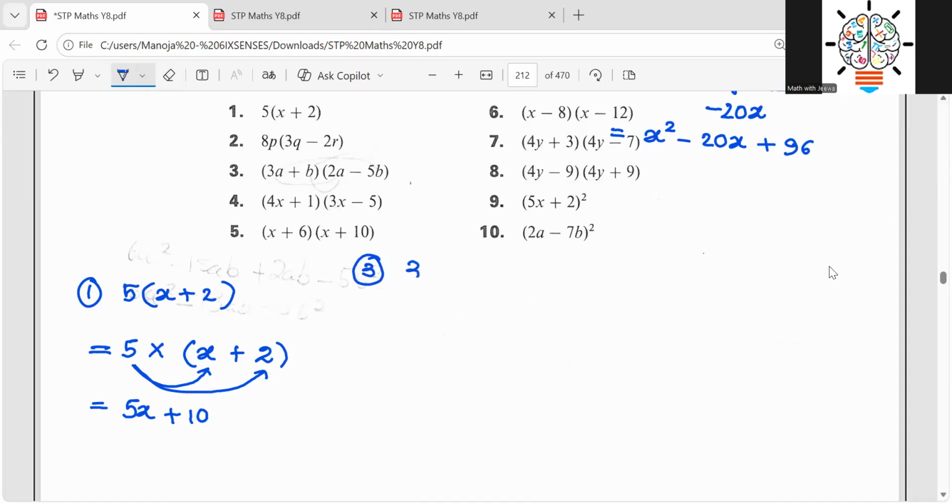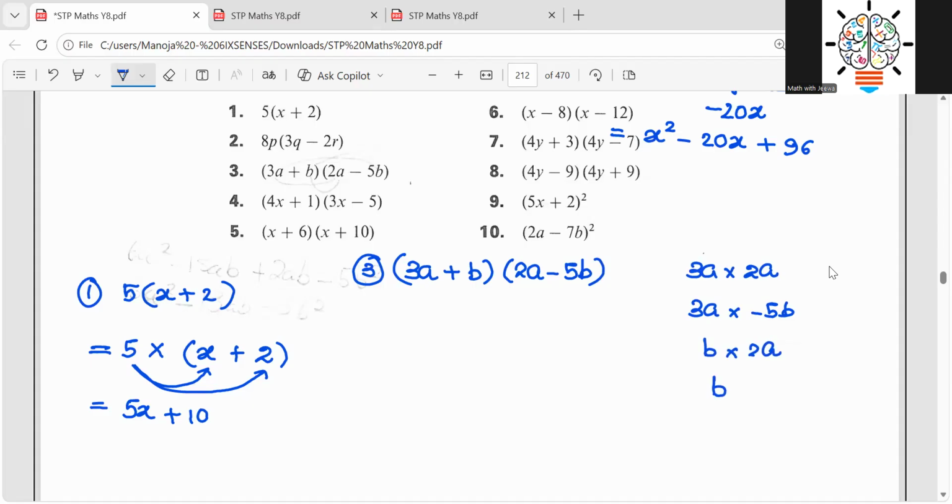So then if I do it like this, let's say that you are struggling to do this in mind, right? In that case, what you are supposed to do, children, you quickly do it like this. 3a times 2a, then 3a times negative 5b, and then the b times 2a, and b times negative 5b. You quickly write down like this.